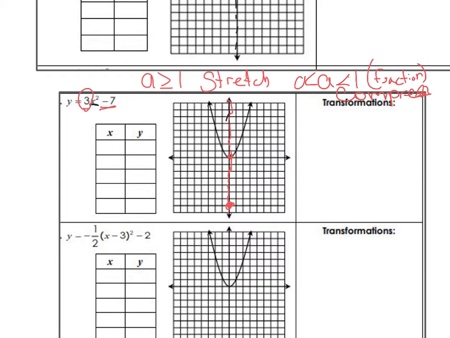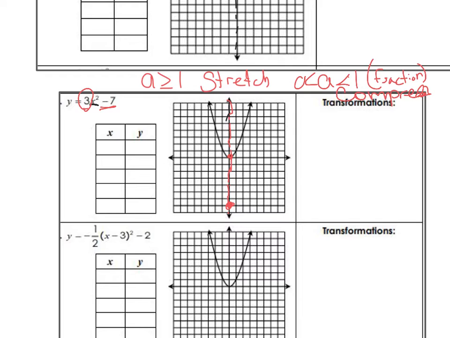Okay? If it's 1 or greater, you're going to stretch it like a rubber band. You're going to stretch it out, and it gets skinnier. If it's a fraction, then you're going to compress it. You push it down, it widens.